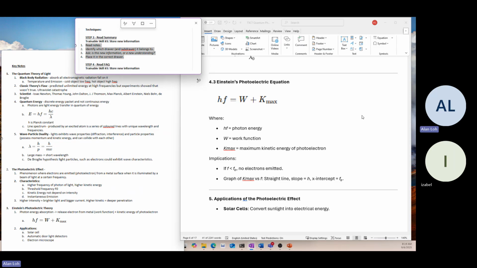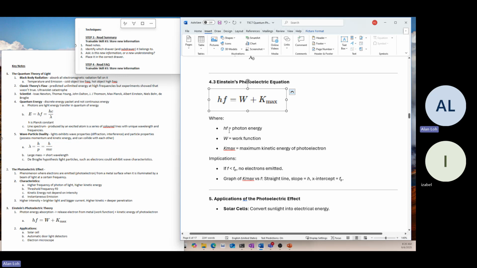Yeah. Okay, then tell me which drawer. The third one with Einstein. Right, what's the name of the drawer? Photoelectric theory. Einstein. Excellent.